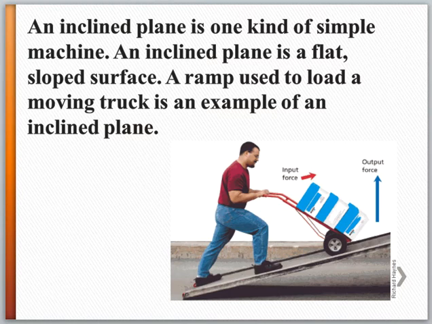If you roll it on an angle, then it just makes it a lot easier to move that weight because you're doing it over some distance. Okay, you're doing it over a distance as you're moving that object up. So that's just a very simple machine.